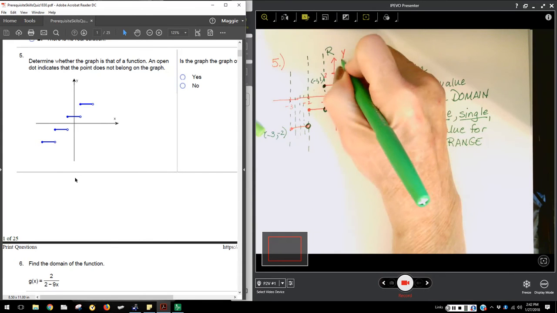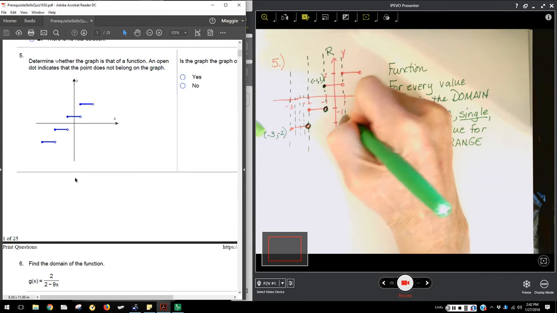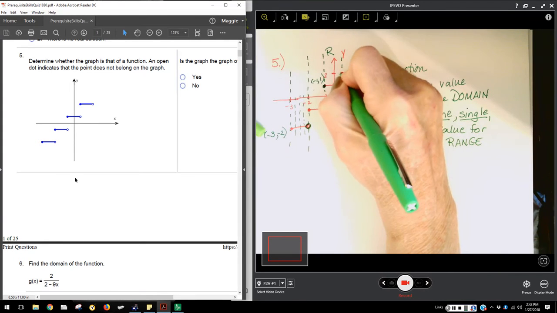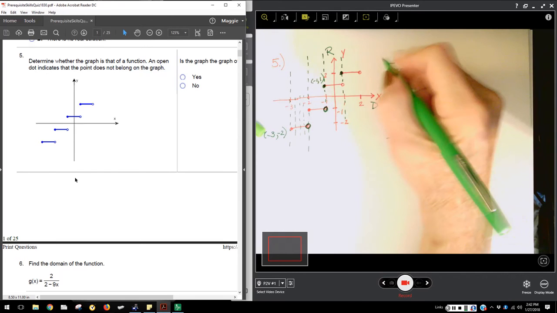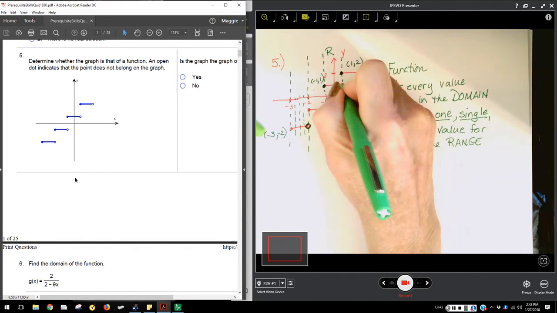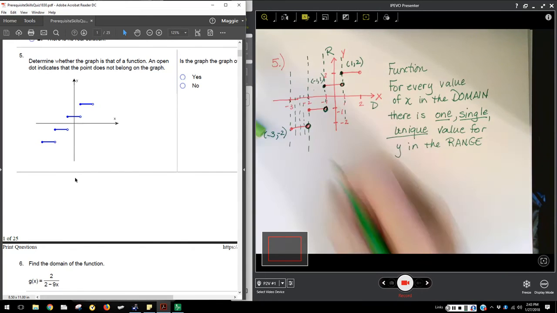And the same thing is true at the value x equals 1. When x is 1, the value of the range is 2, not 1. So yes, this is a function.